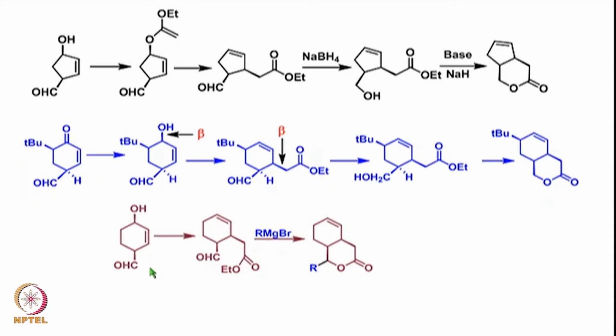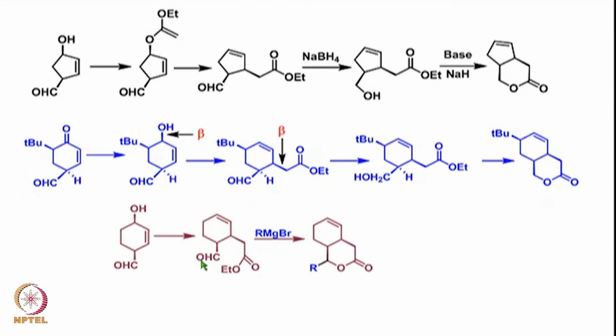And the third example illustrates that if we take an allyl alcohol of this kind and treat the molecule under Johnson-Claisen rearrangement conditions, then we get this gamma delta unsaturated ester.